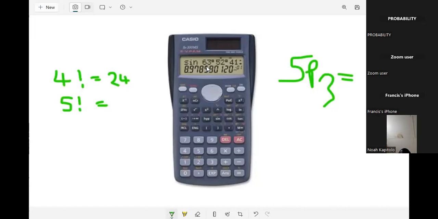Colin, just repeat yourself. You said you press 4, shift, and the button below it here, if you're using a Casio calculator, then equals. Okay. You found 24. Then 5 factorial, what are you getting? 120, correct.